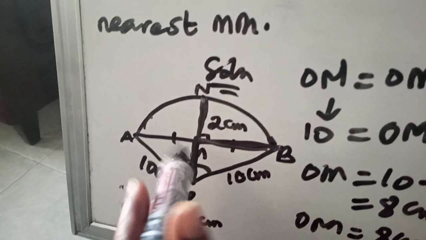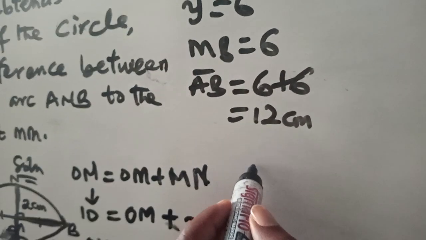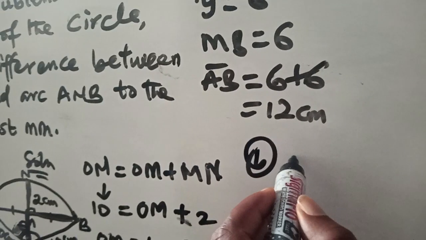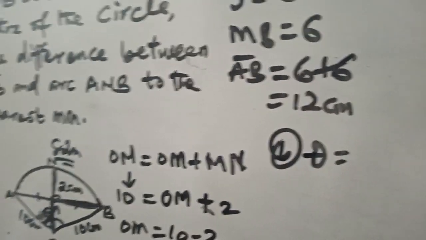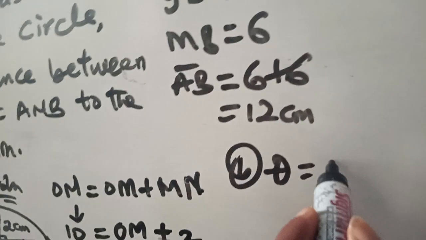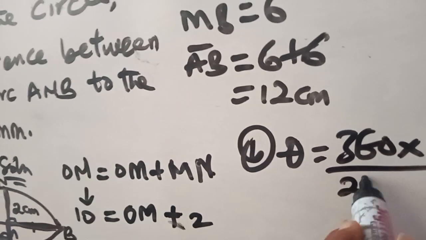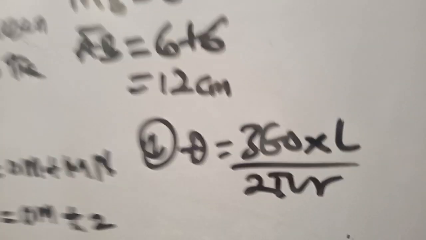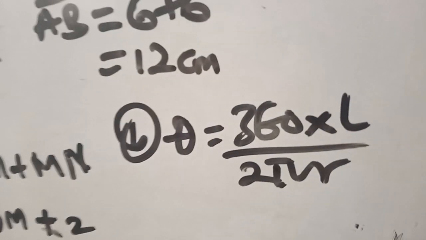To get the angle of an arc, we use this formula: theta equal to 360 times L over 2 pi r. We would have used this formula, but because we are not given the length of the arc, we can't use it.